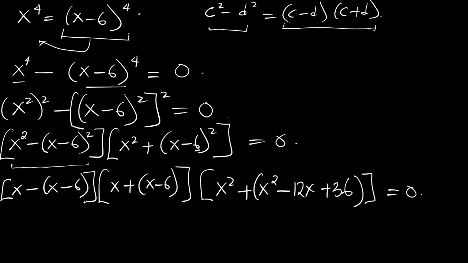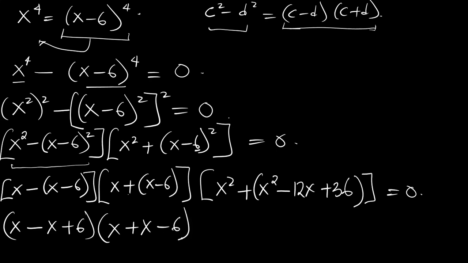In the far left you have x minus x plus 6, because minus times plus x will give you minus x, minus times minus 6 will give you plus 6. Now we have x plus x minus 6: plus times plus x will give you plus x, plus times minus 6 will give you minus 6.